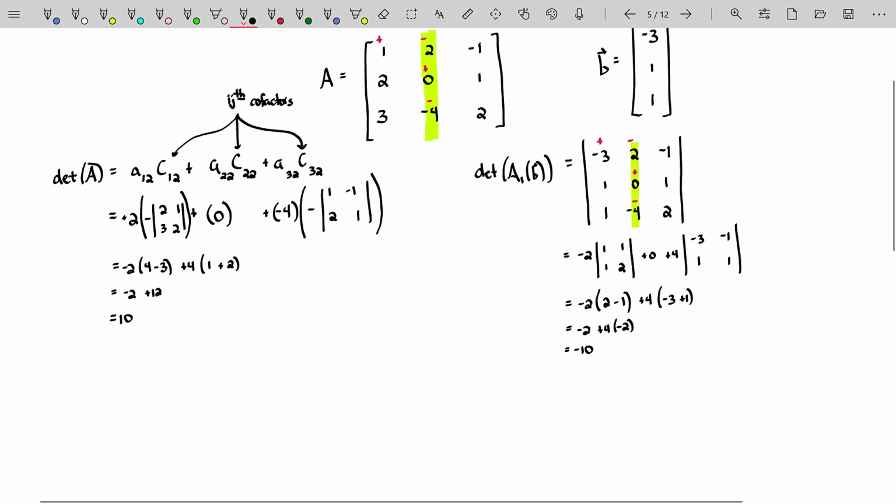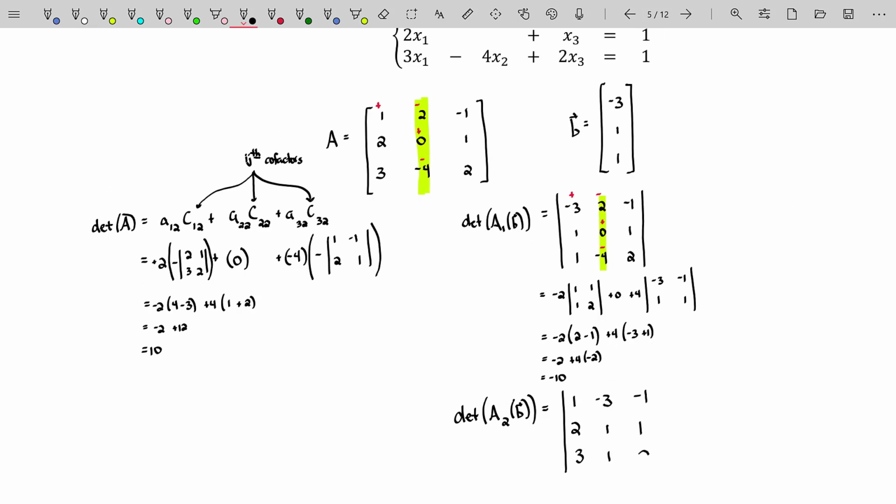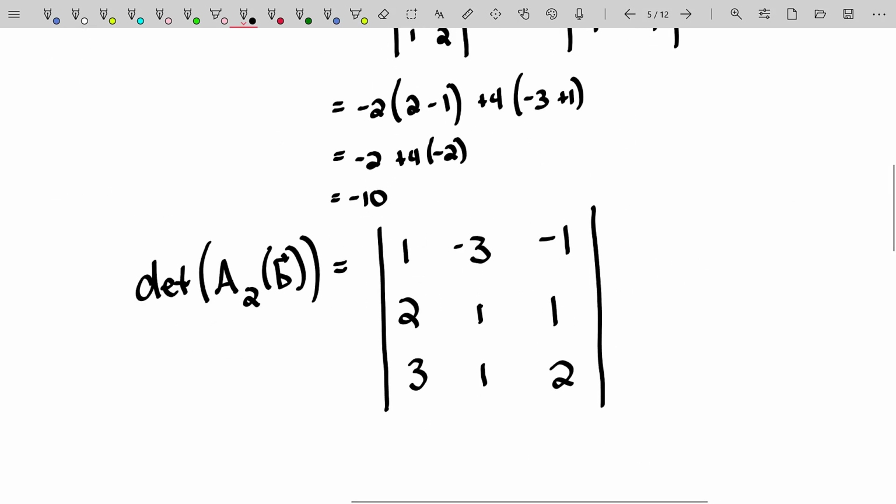Let's go ahead and do the next one, replacing column 2 with B. And you begin to see an issue in that if your original matrix had, let's say, some zeros you could take advantage of, eventually those get kind of removed in one of the methods. I'll expand this about row 1.